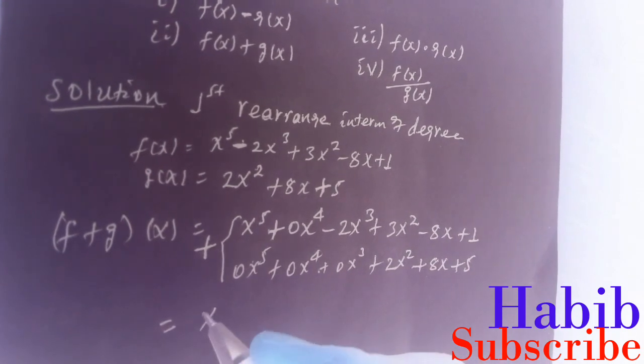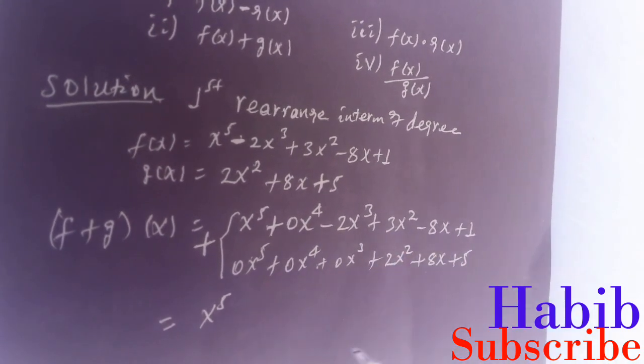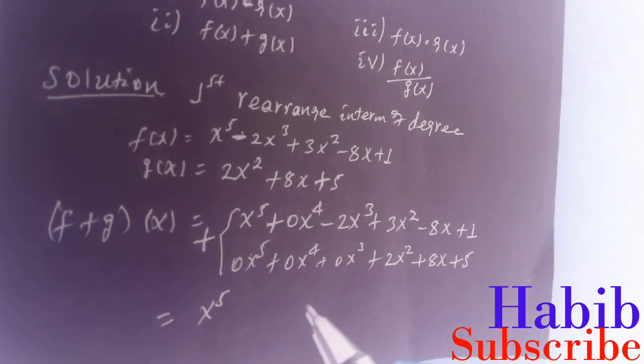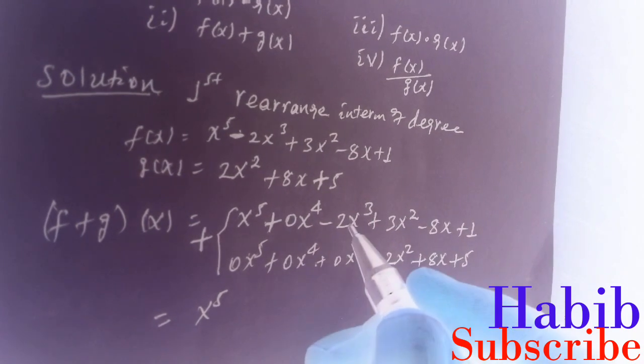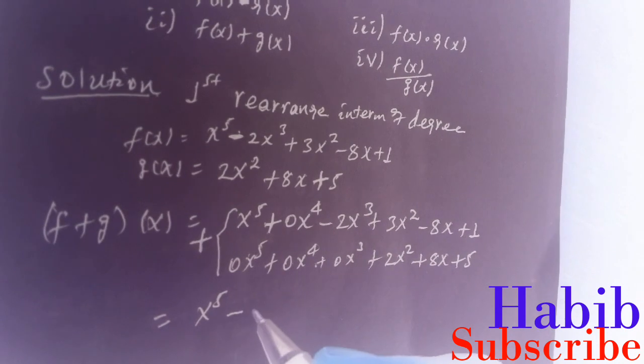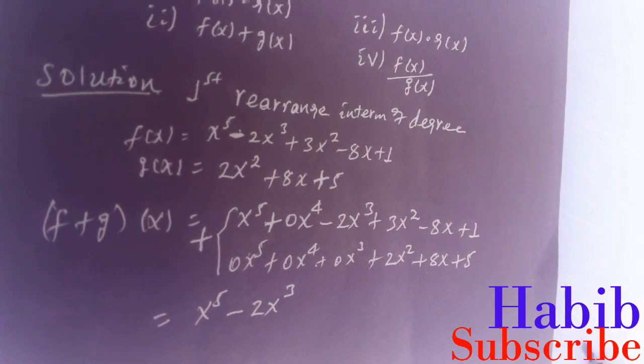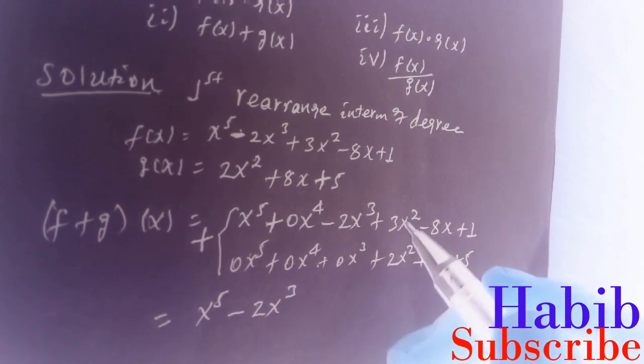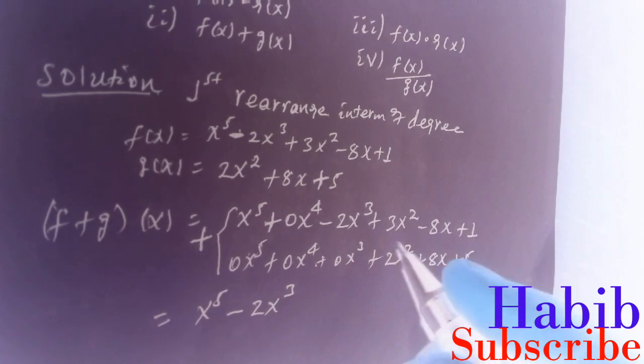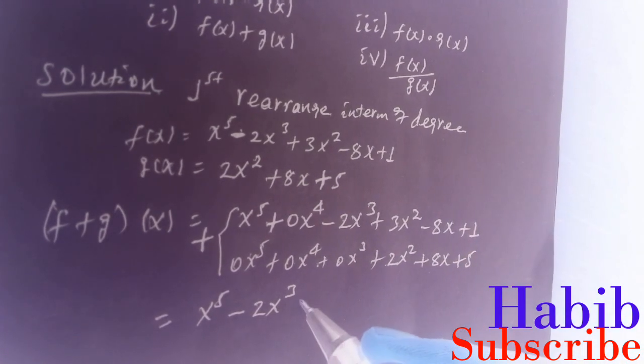The corresponding degree of x to the power of 5, its coefficient is 1. This one is 0, we can reject it because both are 0. The second one, minus 2x cubed, 3 plus 2, 5. Therefore, the coefficient of x squared is plus 5.